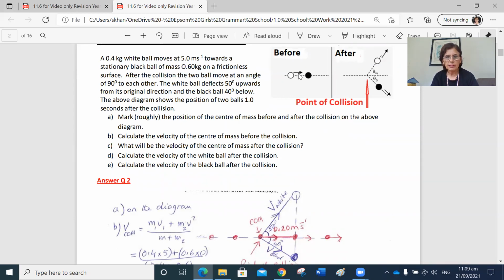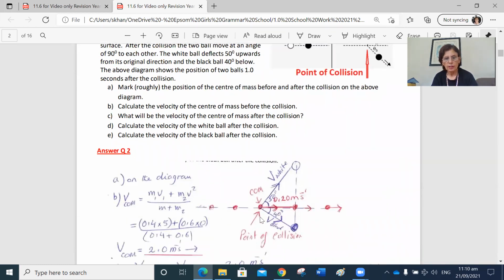And then this center of mass is moving. To find the velocity of the center of mass, we use this formula: velocity of the center of mass is m1 v1 plus m2 v2 divided by the total mass. This was the velocity of the center of mass before the collision. This shows the position of the center of mass every second, so that's where the collision happens.